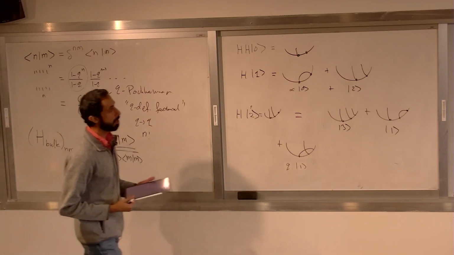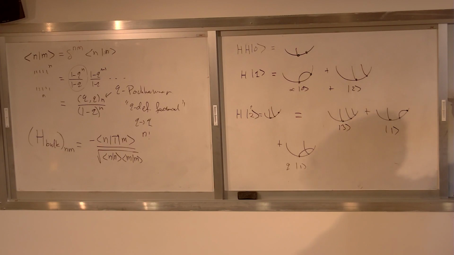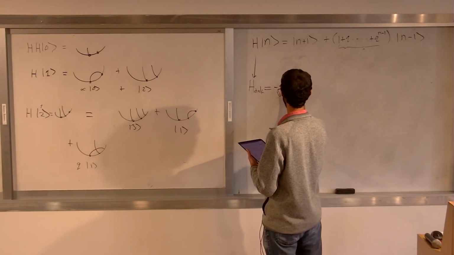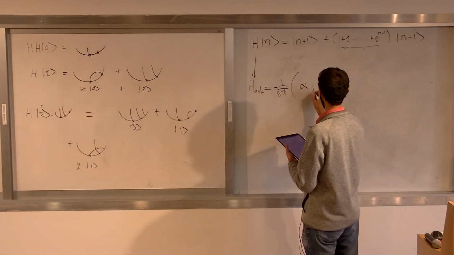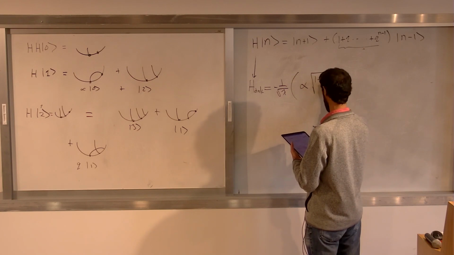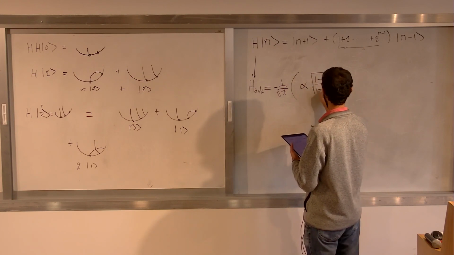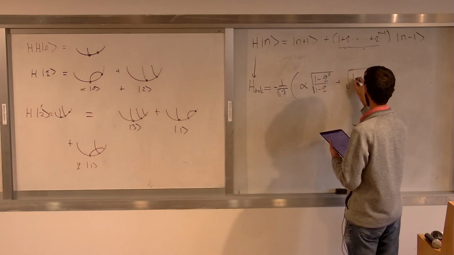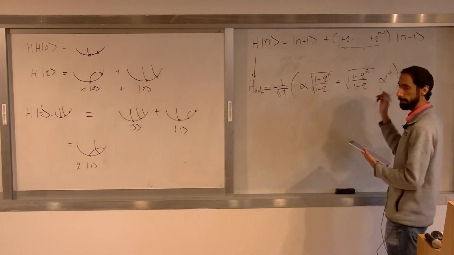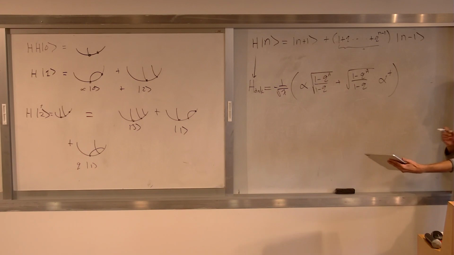If you do this, this modifies the transfer matrix to the following formula. There's a minus 1 over square root lambda, not very important, times alpha, square root of (1 minus q to the n hat) over (1 minus q), plus square root of (1 minus q to the n hat) over (1 minus q), times alpha dagger. Which is very Hermitian.